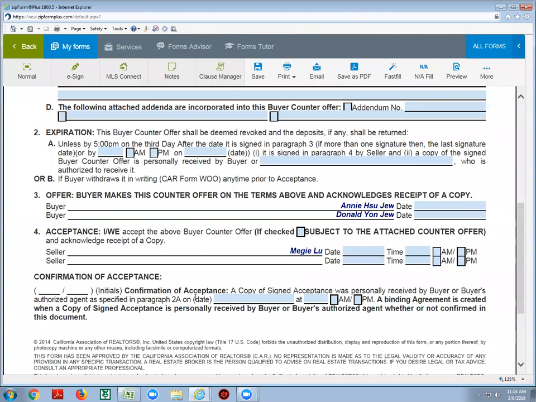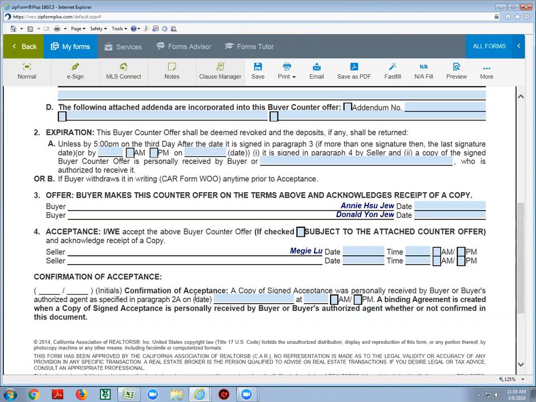If the buyer finds something better, or they change their mind and want to legally withdraw it, certainly you can leave it as expired, but before it expires, can you withdraw? Yeah, you can still withdraw the buyer's counter. But another thing is, when you withdraw the buyer's counter, can you go back and accept the seller's counter?